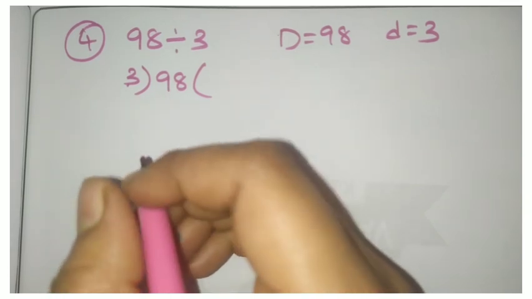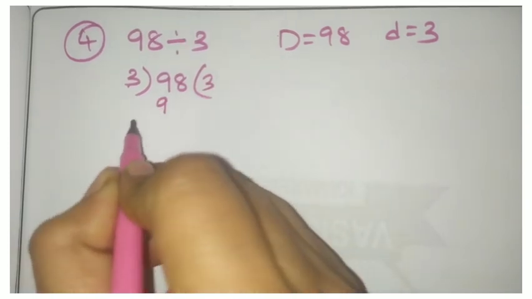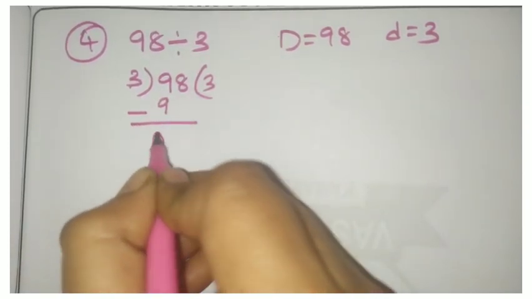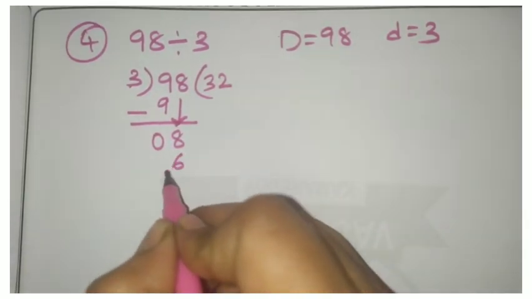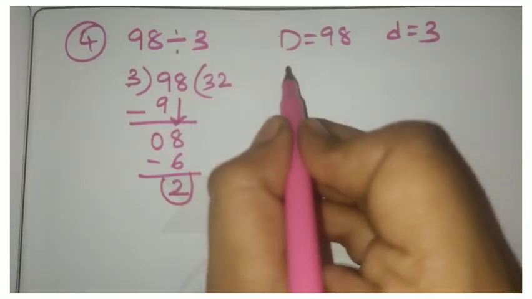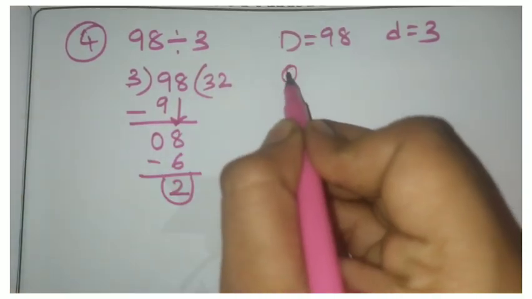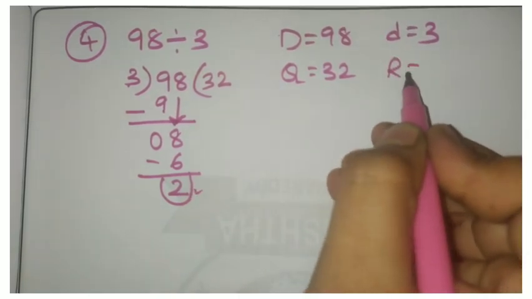Yes, 3 3s are 9. So we'll write 3 here and we'll write 9 here. 9 minus 9 is 0. So we'll take 8 down. 3 2s are 6. 8 minus 6 is 2. So we got the quotient. Quotient is 32 and remainder r is equal to 2.